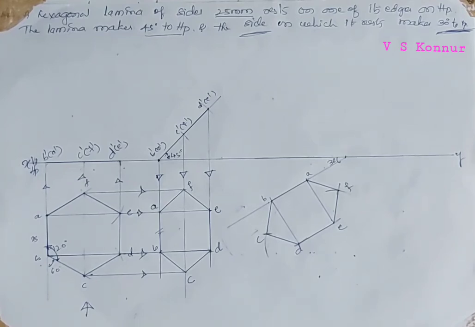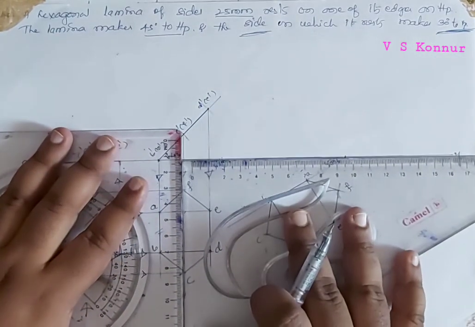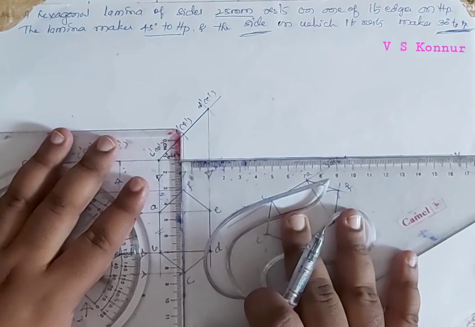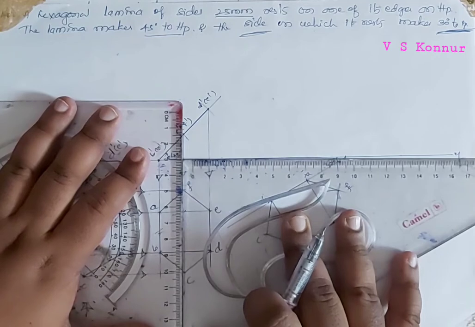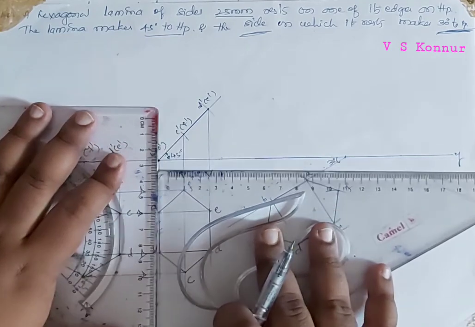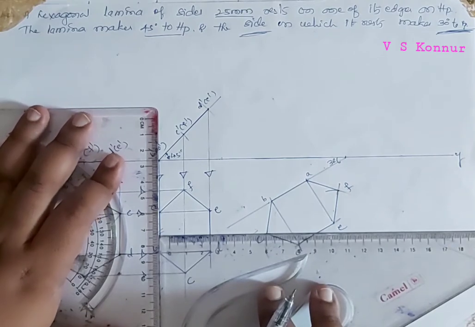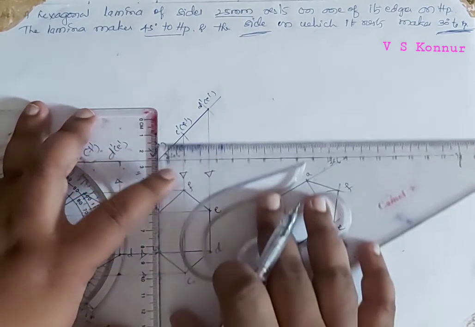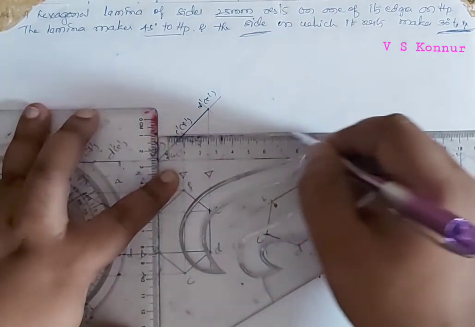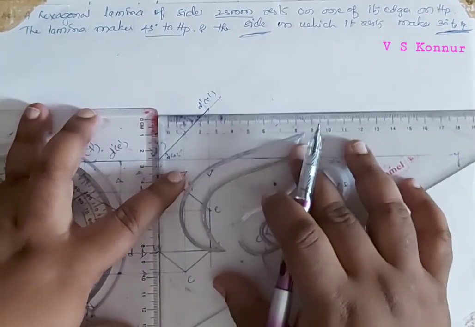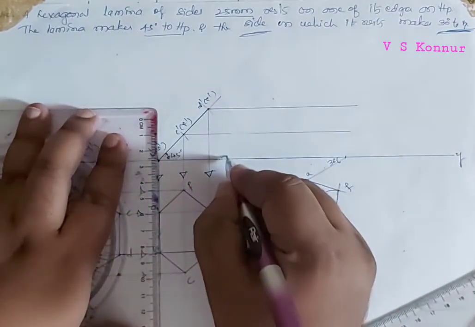Now we'll draw the projectors from either side. So we'll take them parallel to the XY line, from C and A, then from D and E. Give the arrow marks for that.